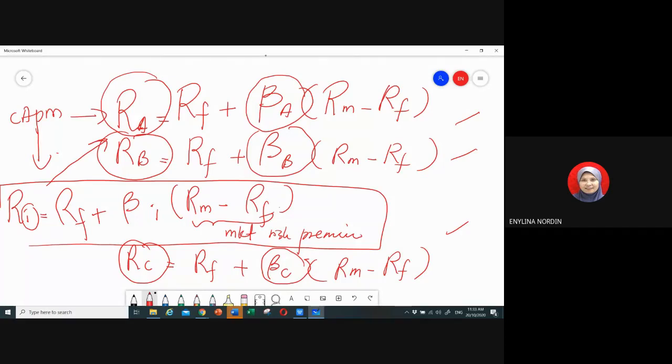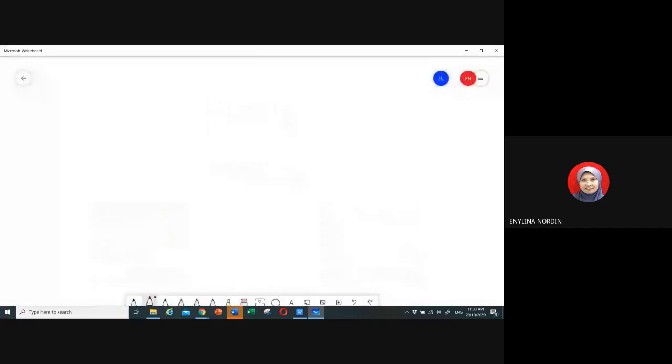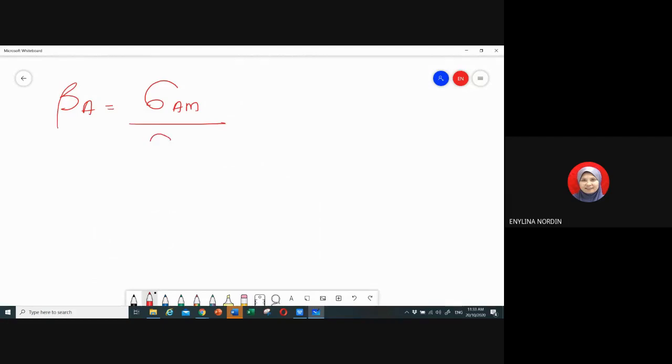Okay? So let's say beta stock A. So saya bagi simple example to you. Right? Okay, let's say we calculate beta stock A. What is the formula? Covariance of stock A and the market divide by the market changes, which is measured by variance of the market. And let's say you dapat positive 1.5.